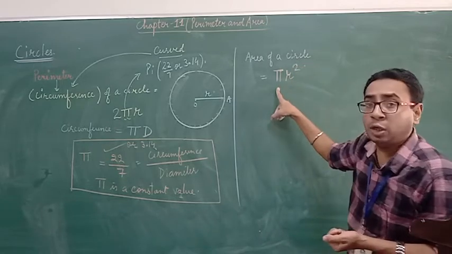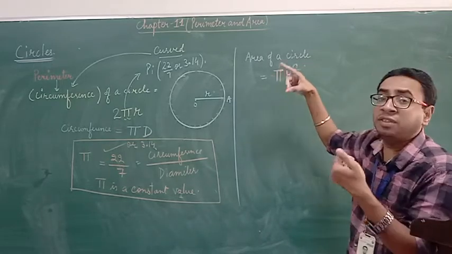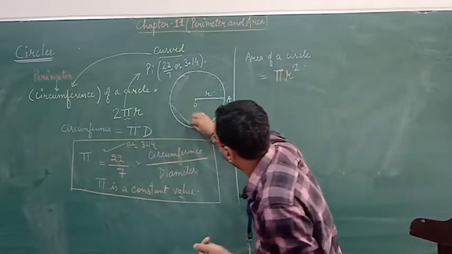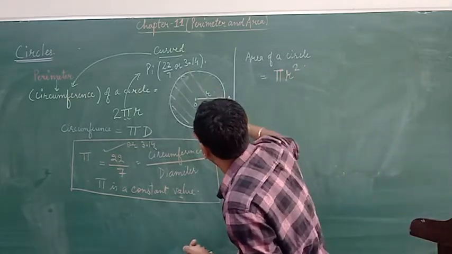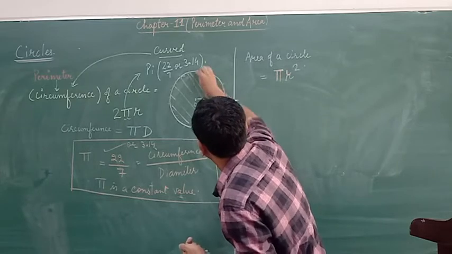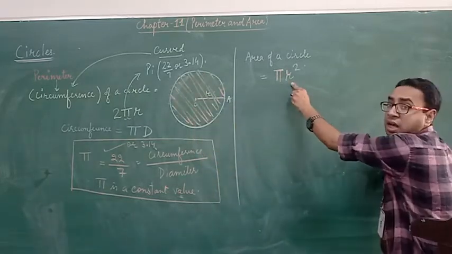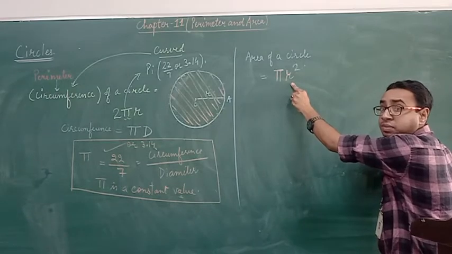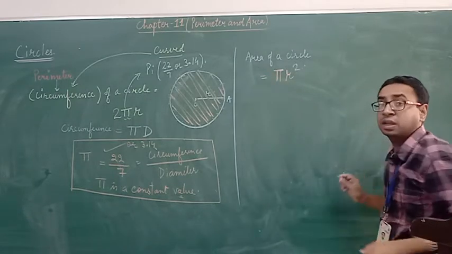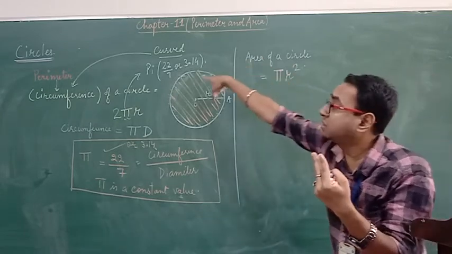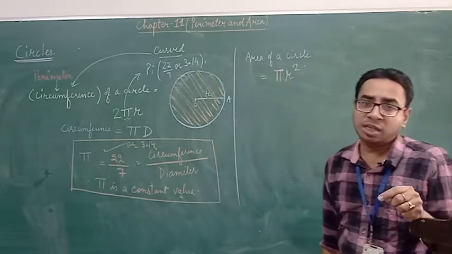It means you put the pi value, take whatever radius is given, square it, and you will get the area. Area means absolutely the interior part. Why is it a 2D figure? Because r is coming two times. R square, R into R. Two lengths are included. That is why it is a 2D shape.